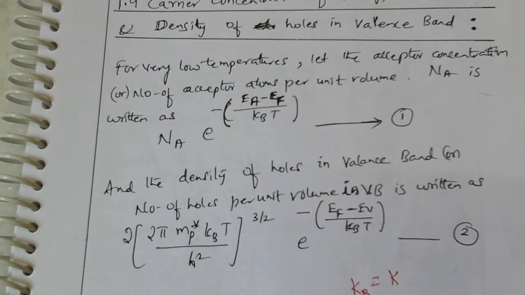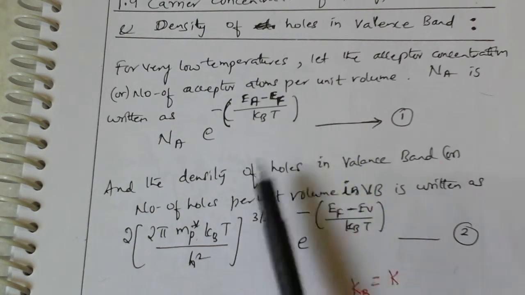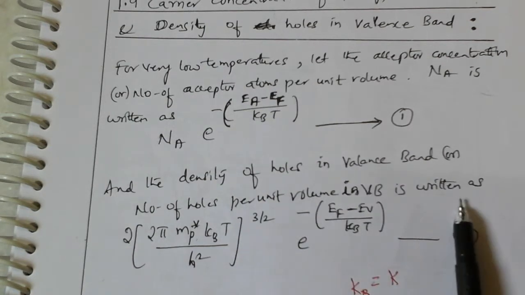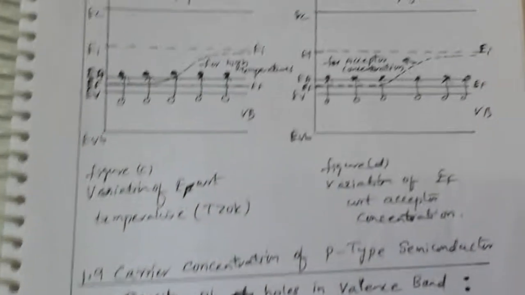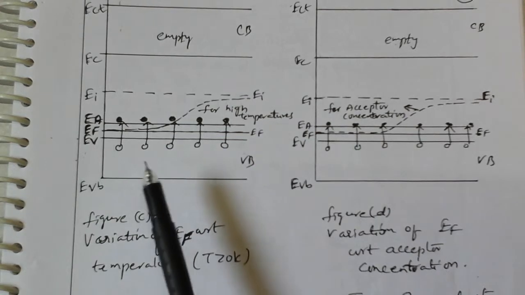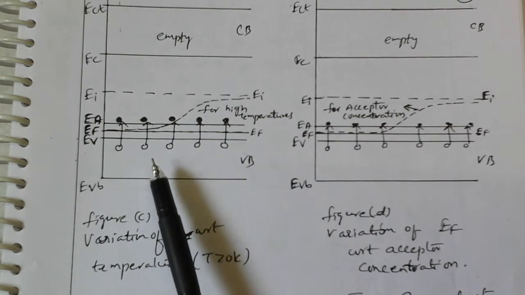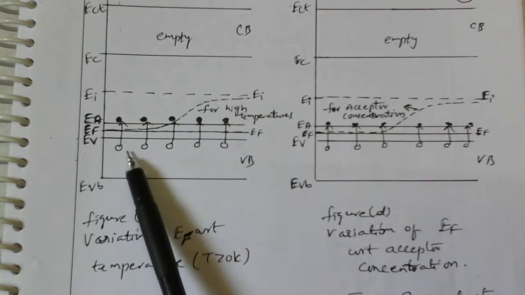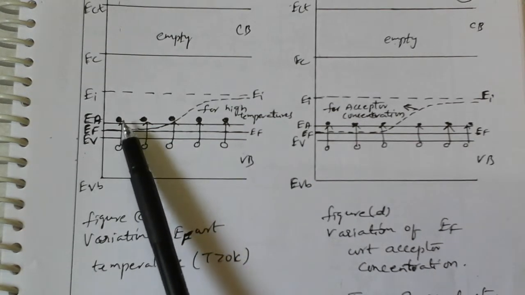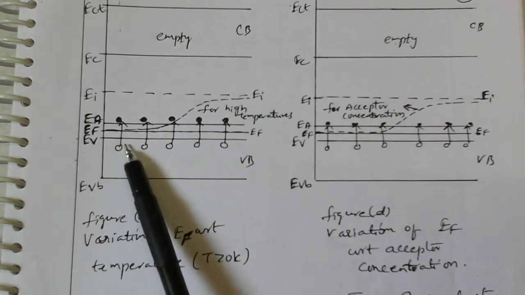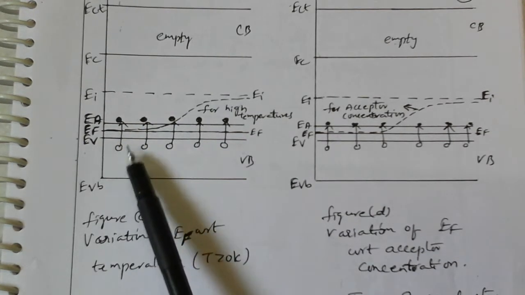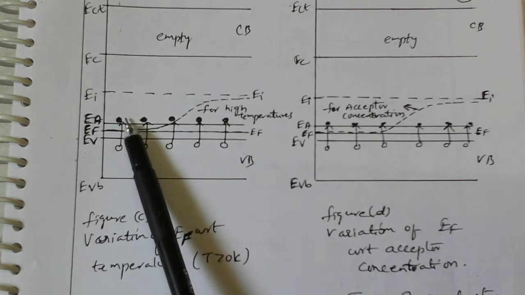In the energy diagram, when the temperature is somewhat increased, electrons are going to shift from the valency band to the acceptor energy level.